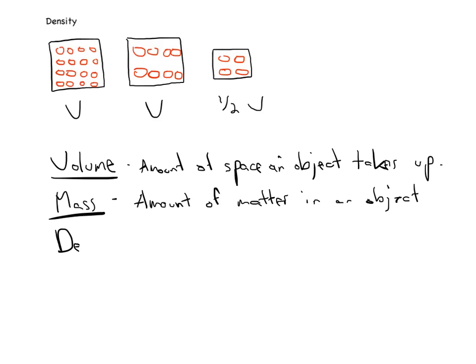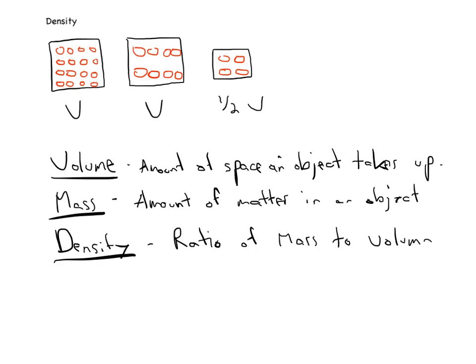Don't judge me on my spelling. Density is the ratio of mass to volume for an object, and it is abbreviated simply as M divided by V.